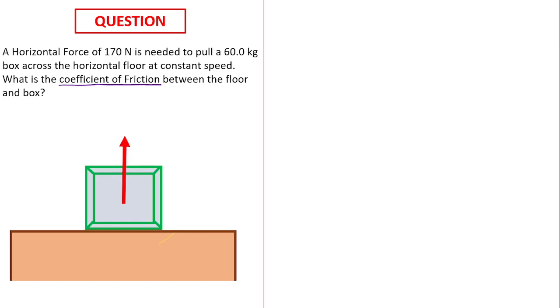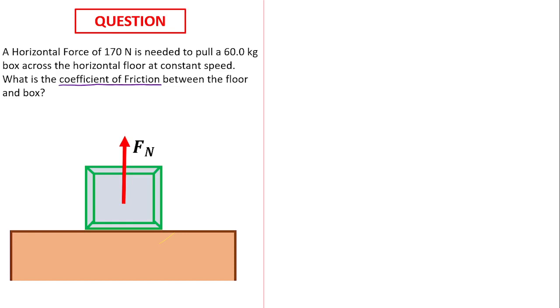This box simply has this force which is pulling it upward. The force which is pulling it upward is known as the normal force. So the normal force will be regarded as Fn. Take note of my explanations. The first thing that you need to do is to view this question in terms of the diagram.